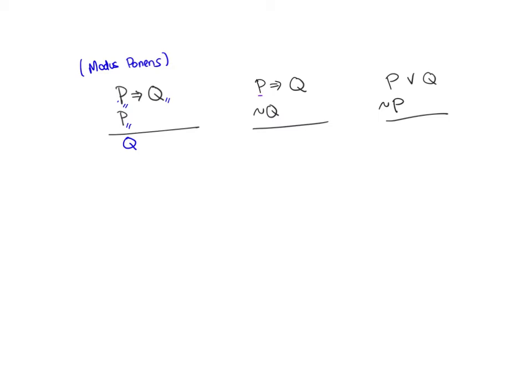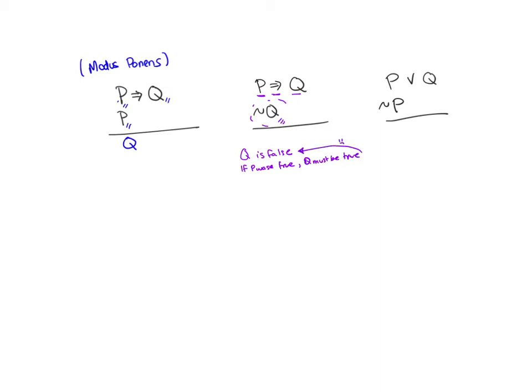It says P implies Q, and we also know not Q. So what does that mean? I know that Q is false. Let's say if P was true, then because P implies Q, Q must be true. But it's not true, it's false, so that would make us sad.